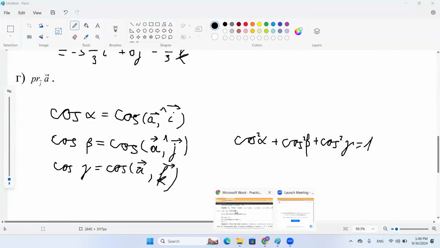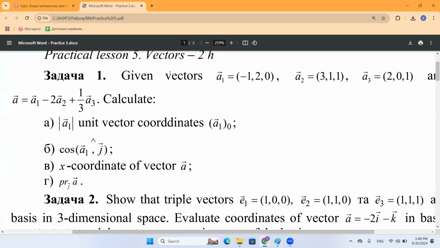Okay. So do you have any questions for this task or not? No questions. Okay, no questions. Good. And what do you remember about basis?